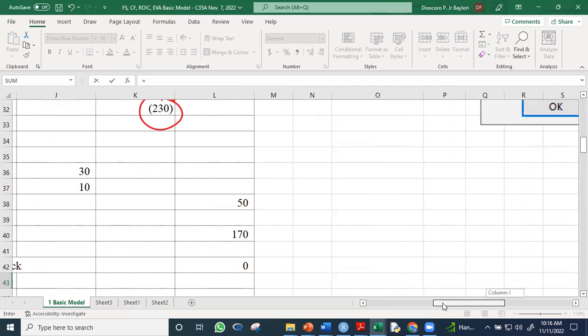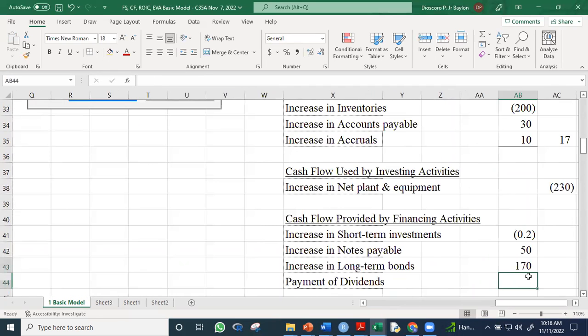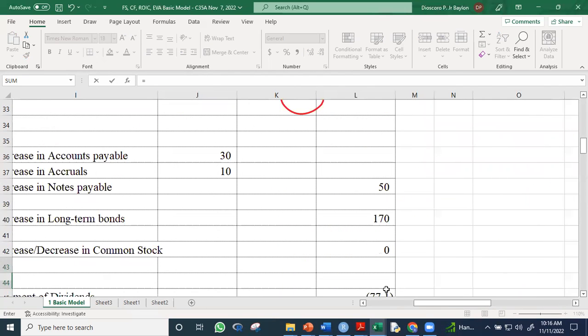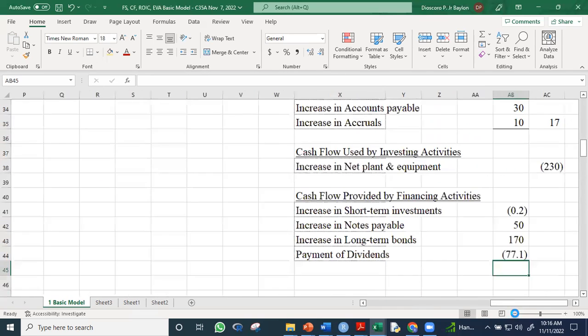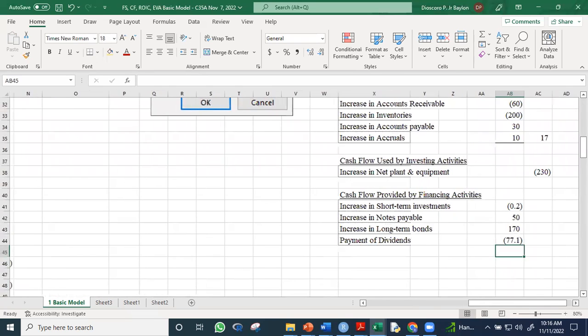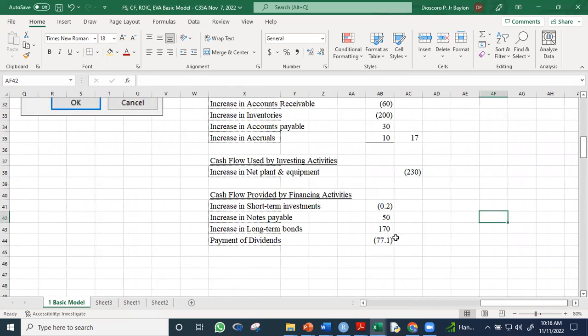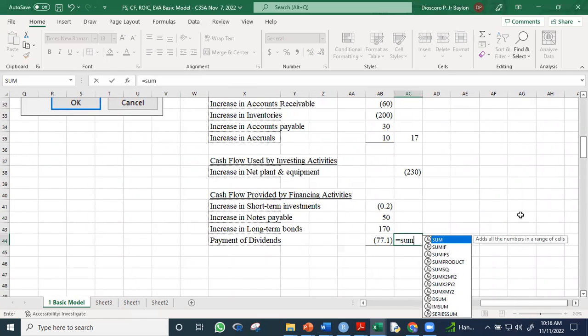This is equal to 170. So underline this, then sum.